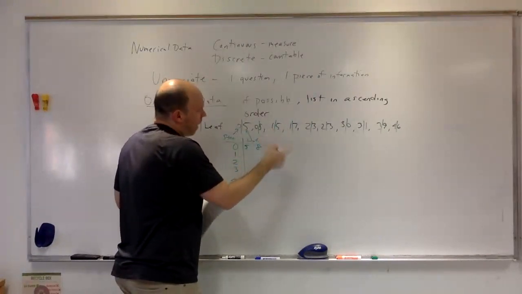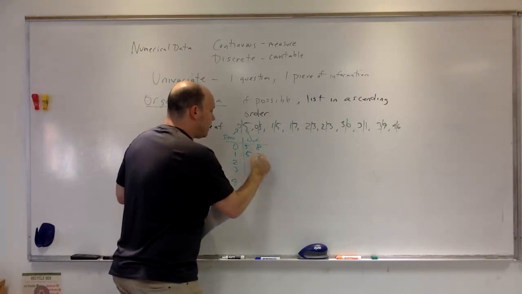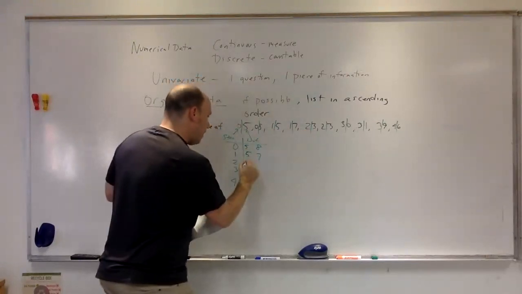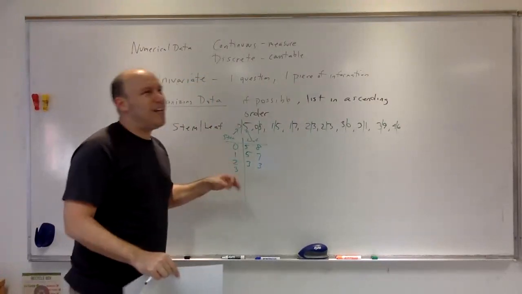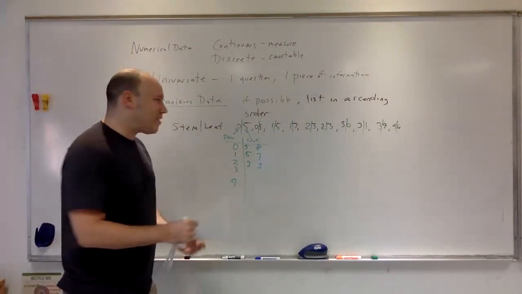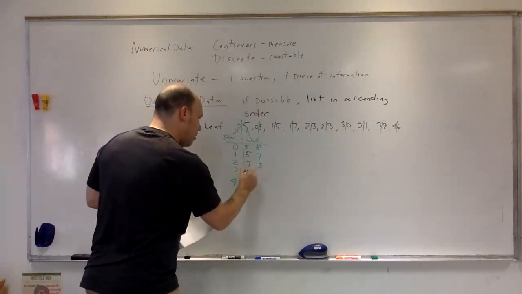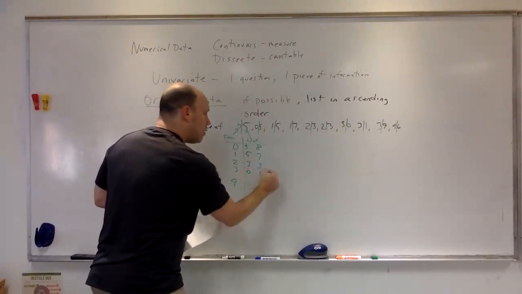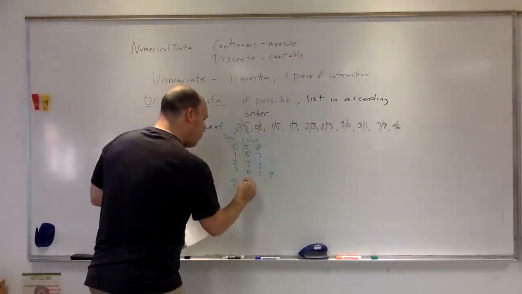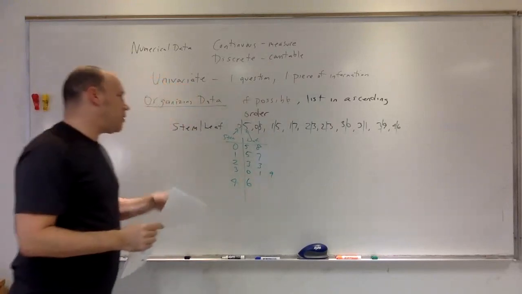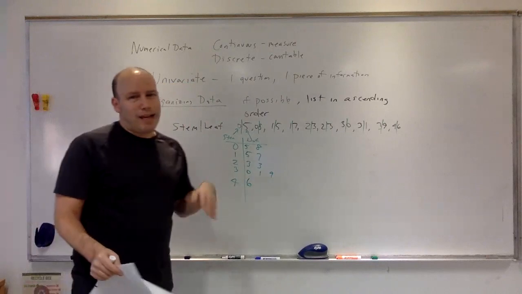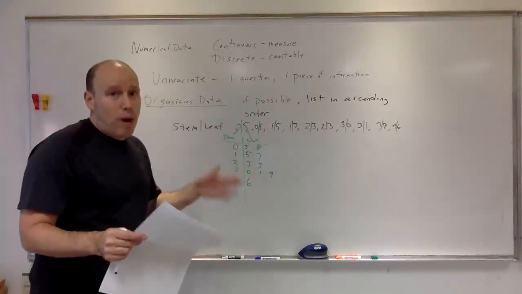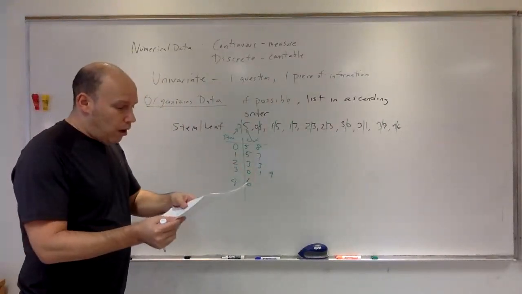How many numbers have a stem of 1? There's the 5 and the 7. For 2, there's a 3 and a 3, because I want to denote that 23 occurs twice. Then I have 30, 31, 39, and then 46. So this is the stem and leaf. This is more like 8th grade, 9th grade stuff, but it's a way to organize your data.